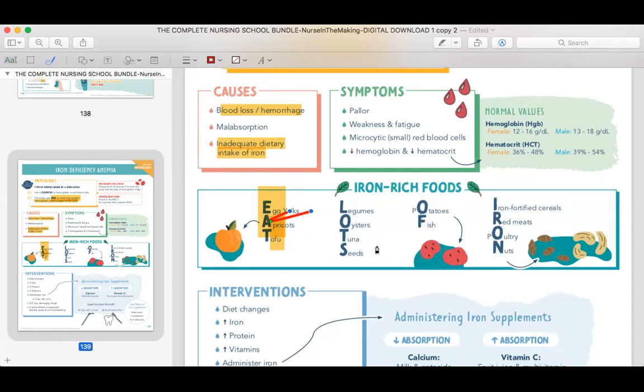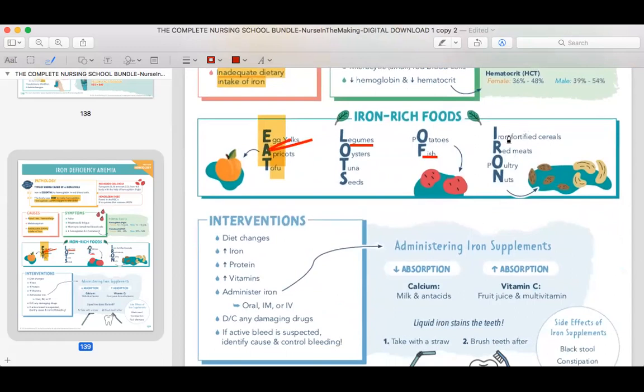Eggs are important. Your legumes, a lot of iron. Your fish have a lot of iron. Bread and meats have iron. Oh, iron fortified cereal has iron. Poultry has iron. Chicken.